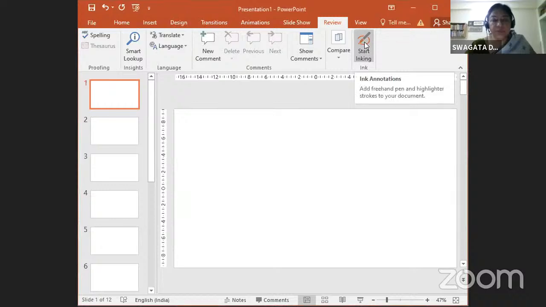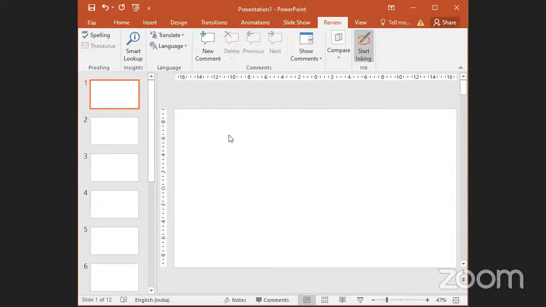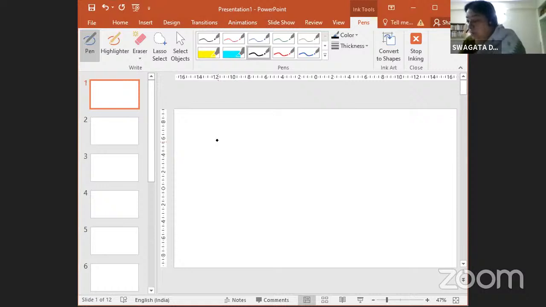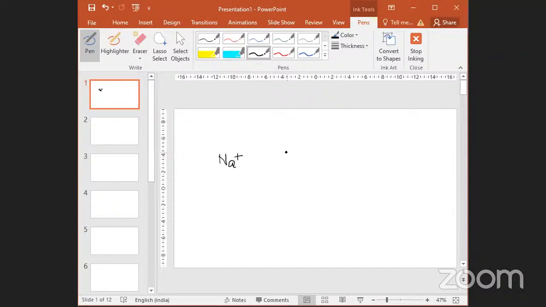Atoshi, can you see my screen? Yes, it is visible. Can you see what I am writing, Atoshi, just to confirm? Yes, ma'am, it's visible.